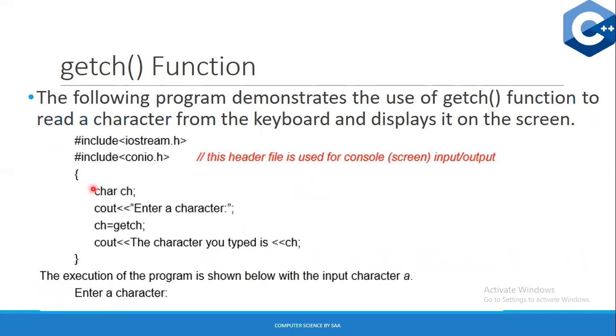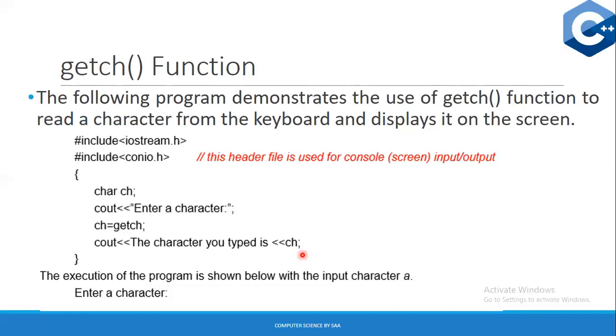Here is an example. We have declared a variable ch of data type character. Now we have used the cout statement, cout, enter a character, ch is equal to getch, and here you can see the character you typed is ch.